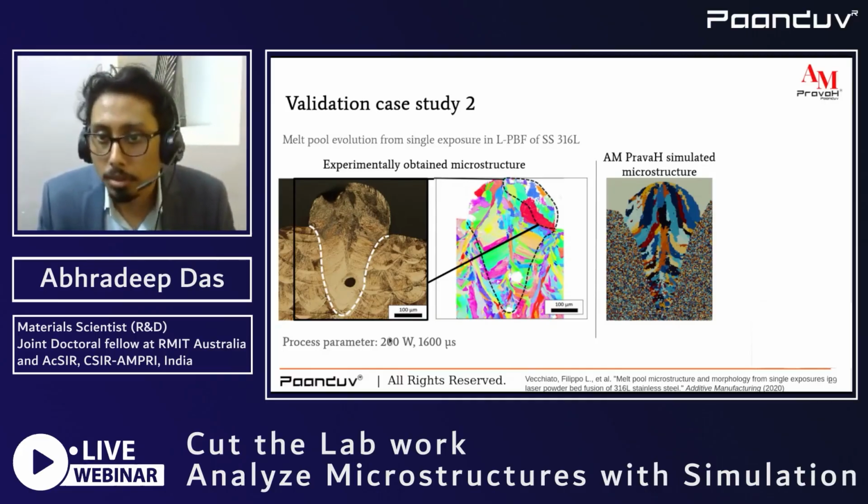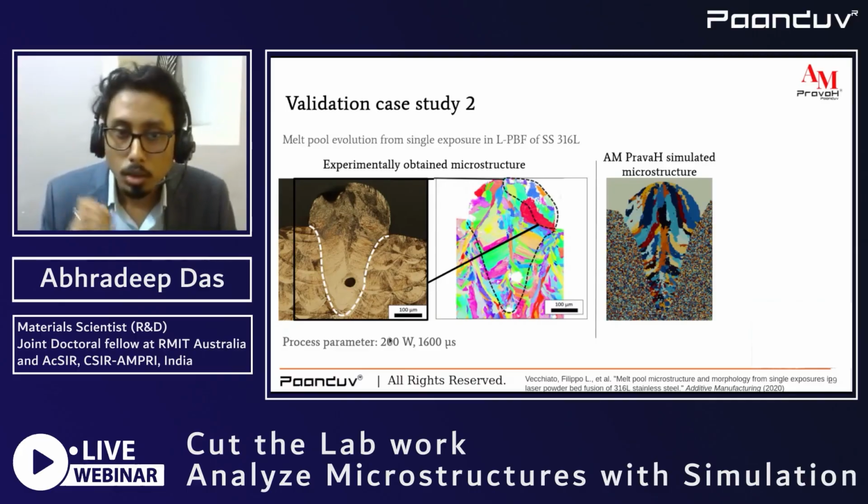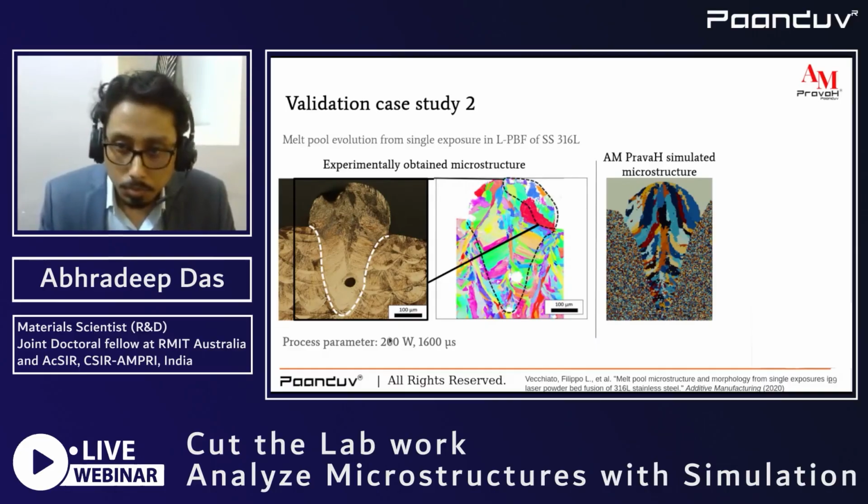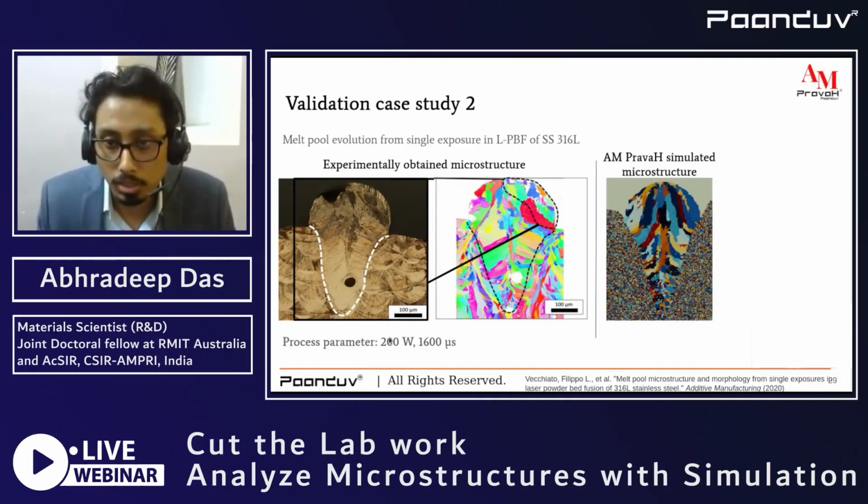Alongside, we have the AM PravaH simulated microstructure. We have tracked the entire melt pool dynamics, and for each and every point we have calculated the temperature field. That temperature field data was collected and exported into the microstructure module, wherein we have converted that data into the conventional route, so that we can have a complete description of the microstructure morphology.